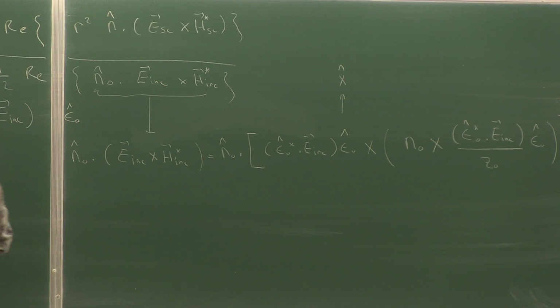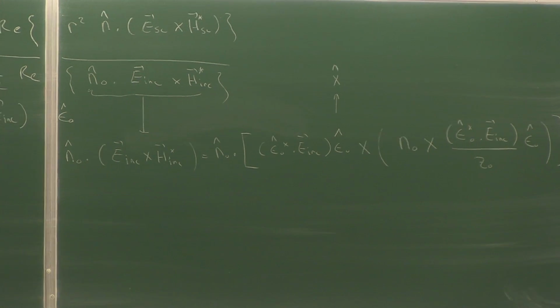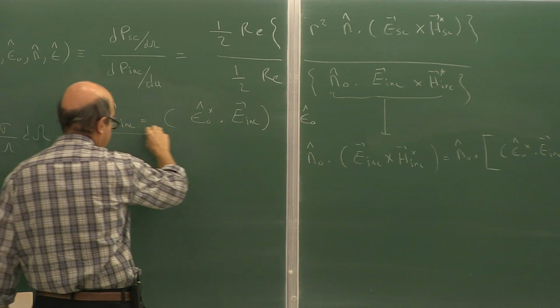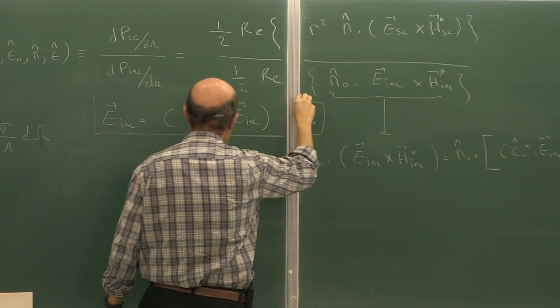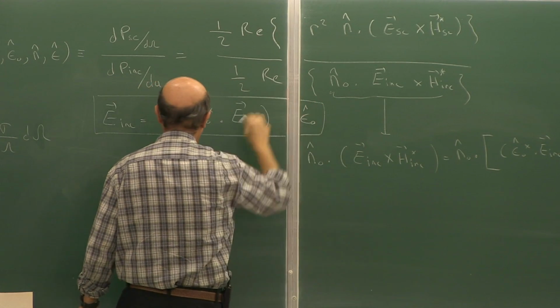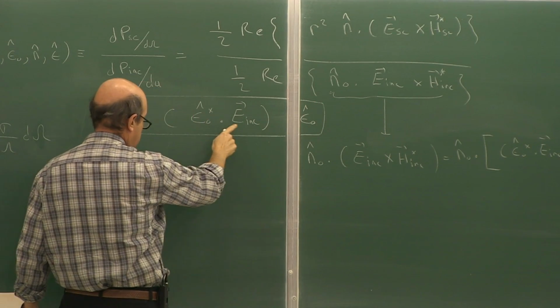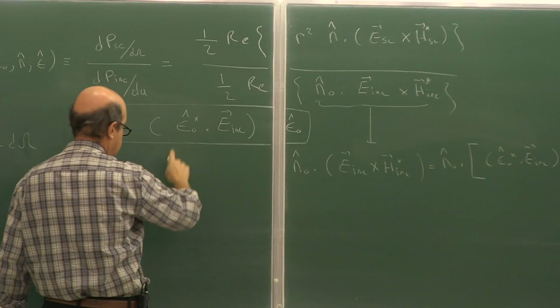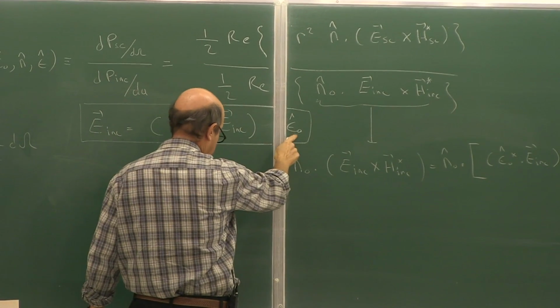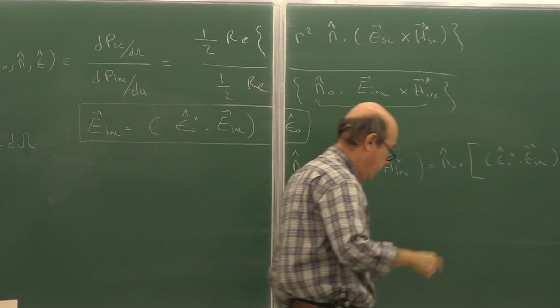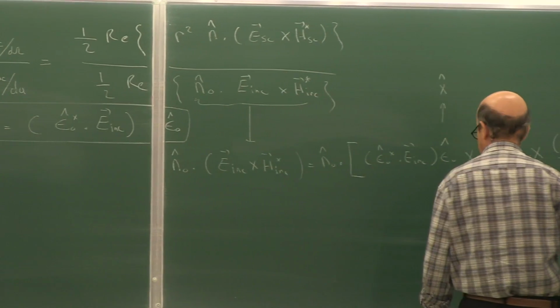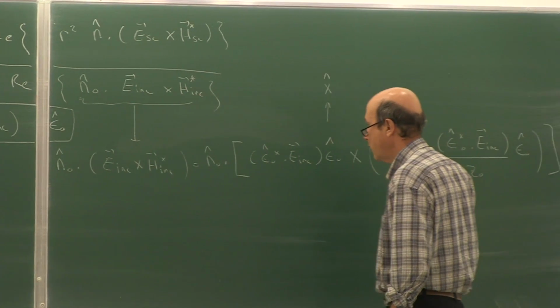So what I did here, we have E incident, which is equal to the projection of the E incident along the polarization, and it is along a unit complex vector epsilon 0.